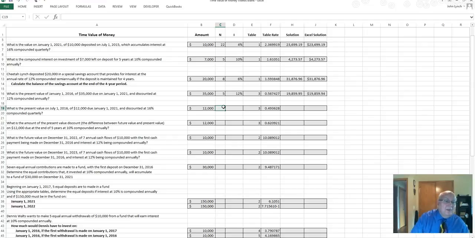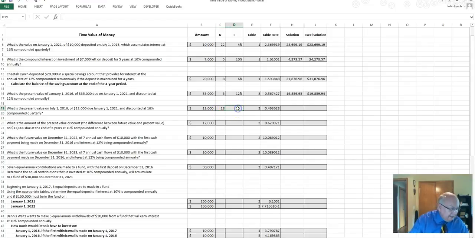Okay. This one is what's the present value. July 1st of 2016 is when you put the investment of $12,000 in, and you want to get it out January 1st of 2021. Okay. So again, the number of periods is 5 times 4 minus 2, and you have to put an equal sign in front of there.